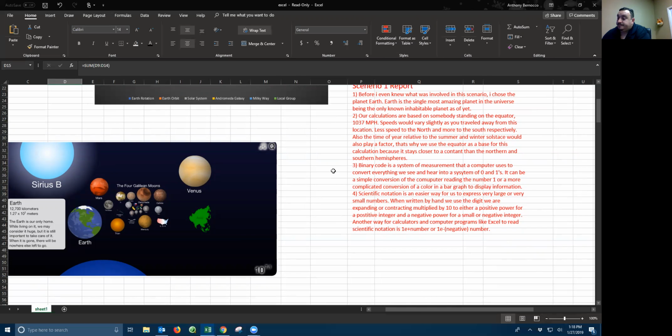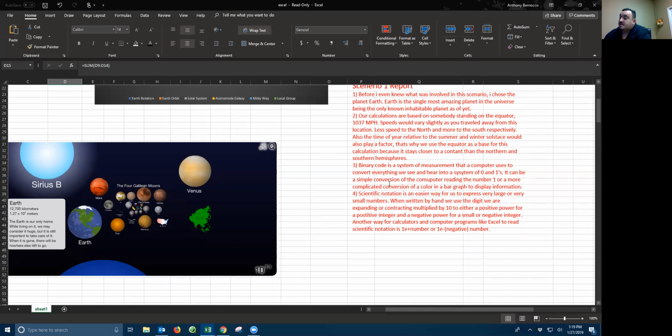Let me see what I wrote here. It uses it to convert the number one or a color, and it's just a series of ones and zeros.